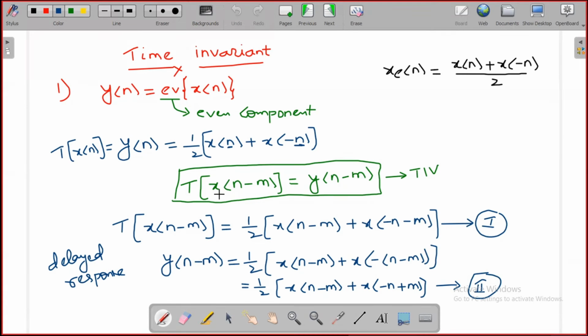While finding the response for the delayed input, in place of x of n, we delay that x of n by m samples, so we simply write x of n minus m. The next input term is x of minus n, so we delay that by m samples, x of minus n minus m. But when you are finding the delayed response, in place of n simply substitute n minus m.